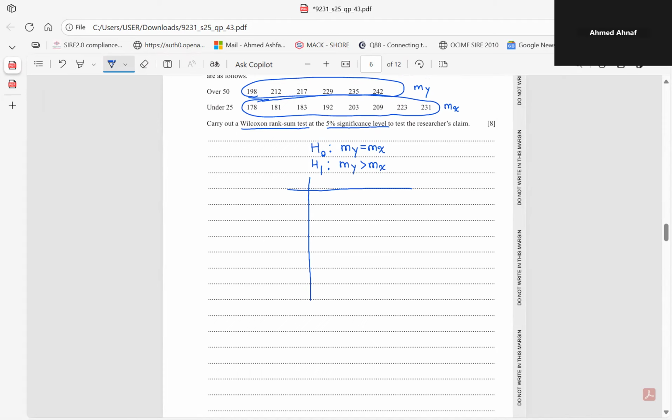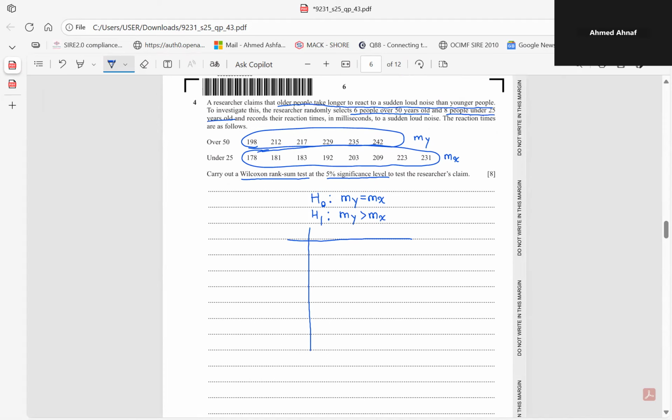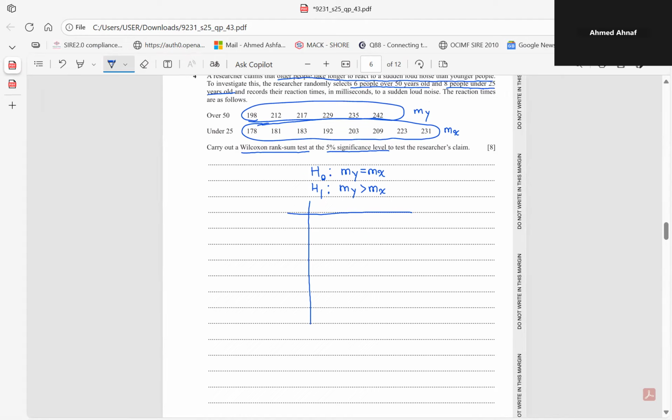Let's look for the lowest number first. So 178, 181, 183, 192. For under 25, they're all arranged in ascending order.